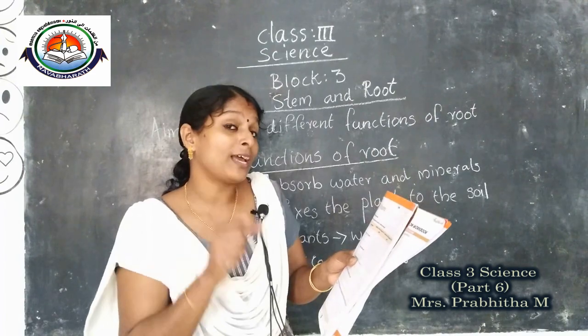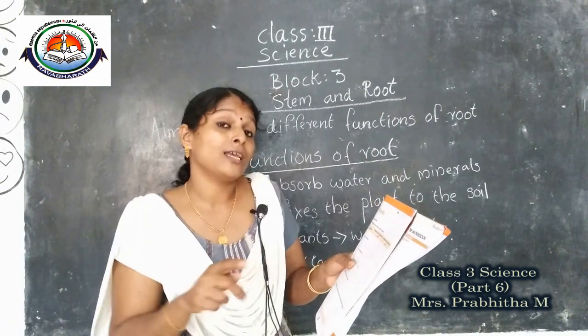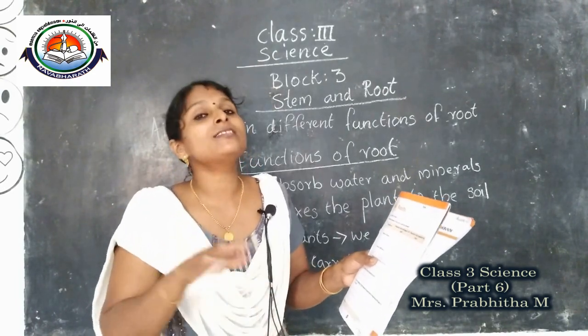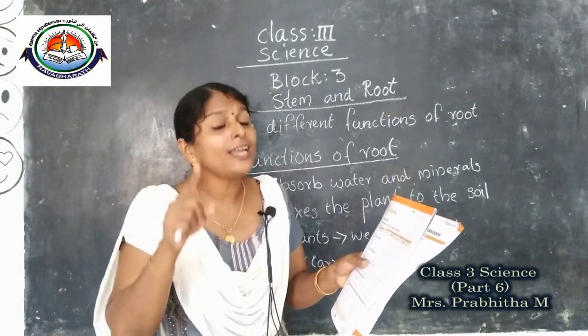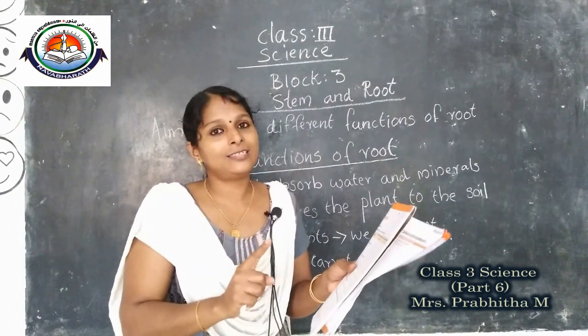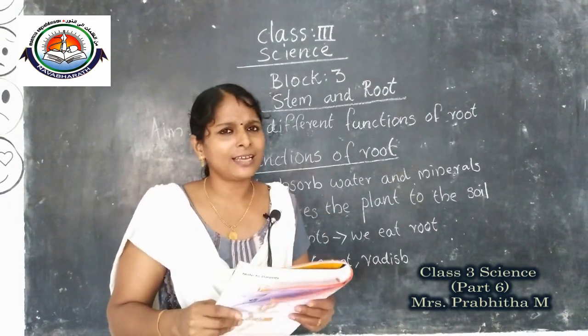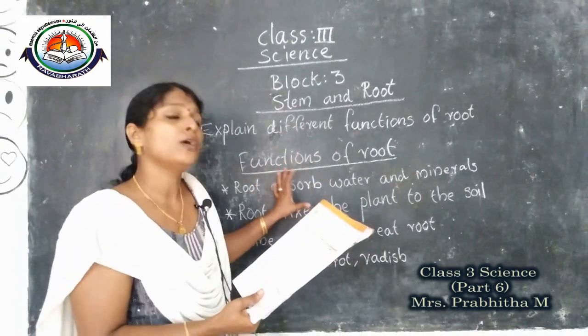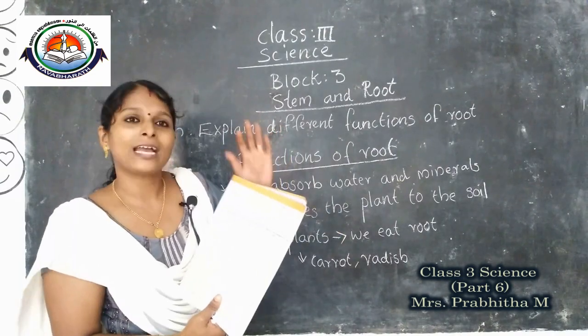How does the root of the rose plant help the plant? Yes, the root of the rose plant fixes the plant to the soil. This is the way you have to write the answer. Now I think everybody understood about the functions of root and this workbook S3.